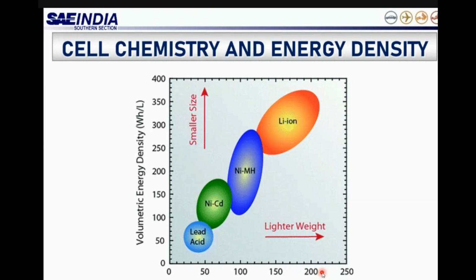These are smaller things which you can witness. Likewise, the volumetric density and packaging of your batteries. Mostly you could have noticed that we have the batteries packaged in the platform of the vehicle. So volume and weight play a major role.